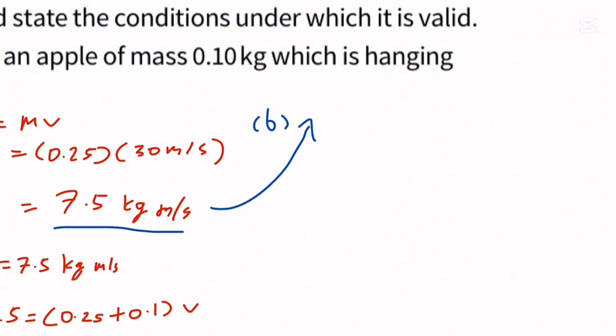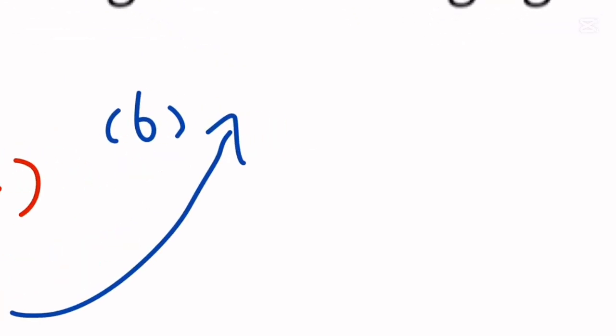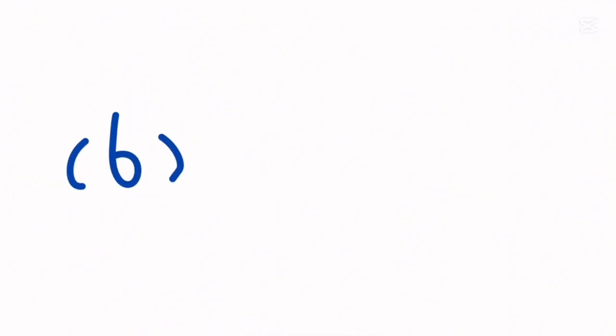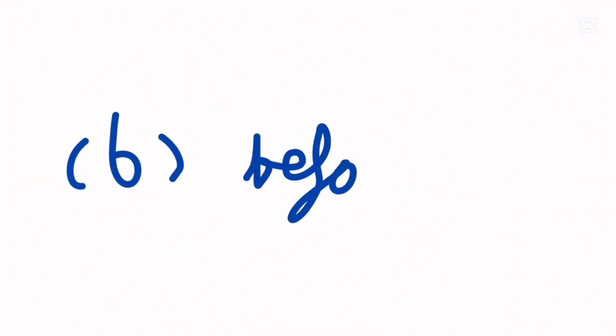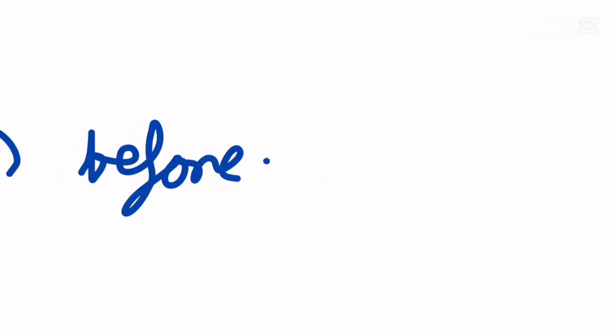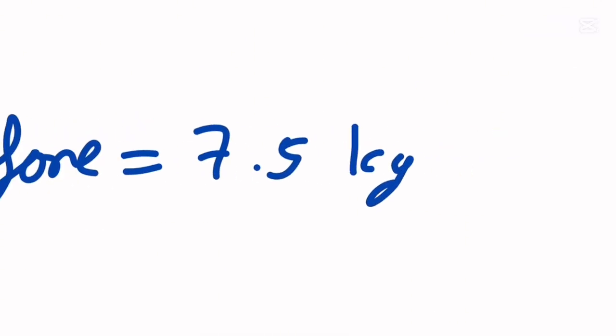I hope you guys understand that. I'm doing really badly at explaining right now, I'm sorry. I am really bad at English too. So this is before the collision. It's going to be about 7.5 kilogram meter per second.